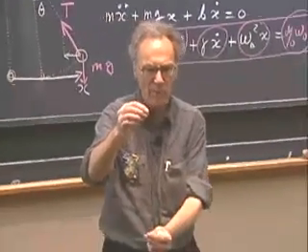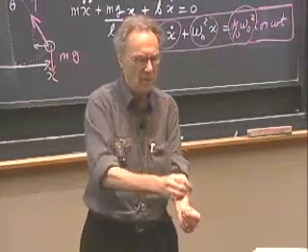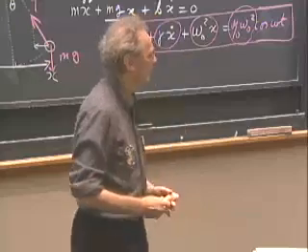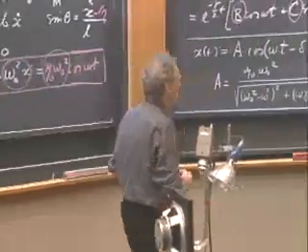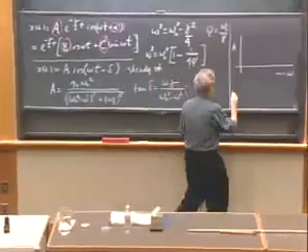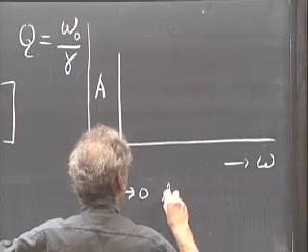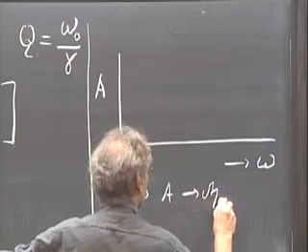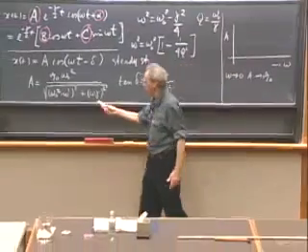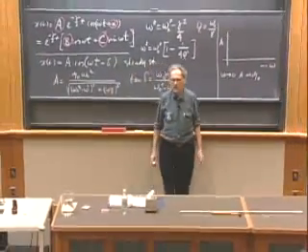If it takes me 1 week to go from here to here, then of course the pendulum is always hanging below my hand. So when omega goes to 0, I can always check the result here that A must go to eta 0. And indeed, if you put in omega equals 0, you will see that is the case.